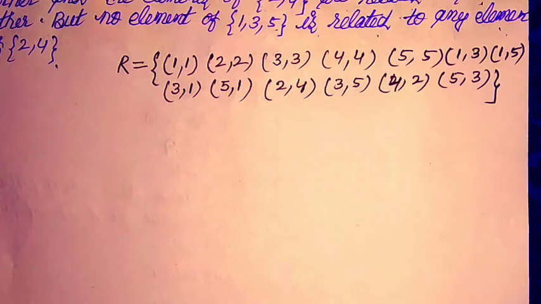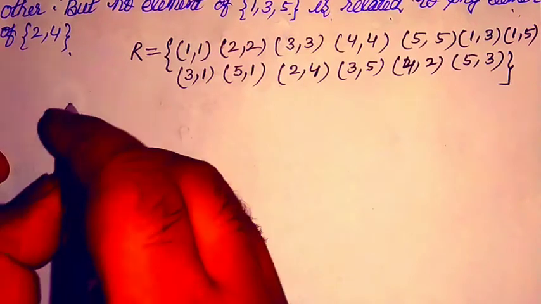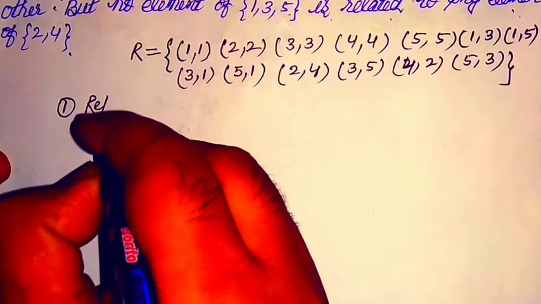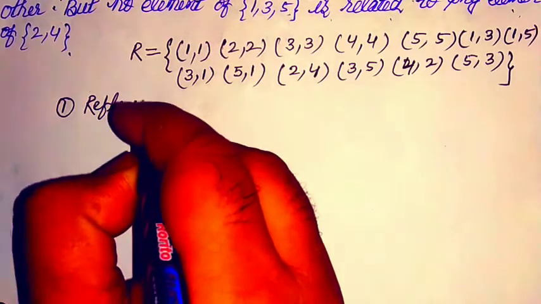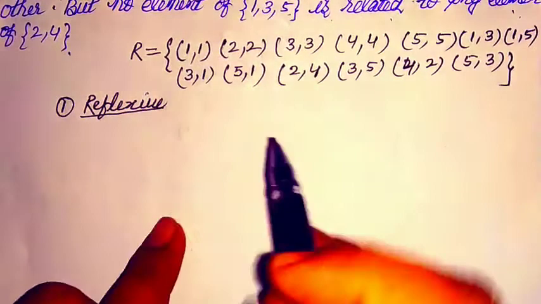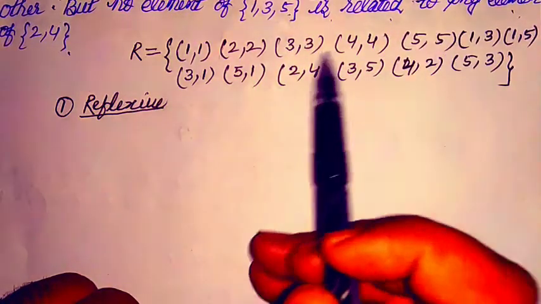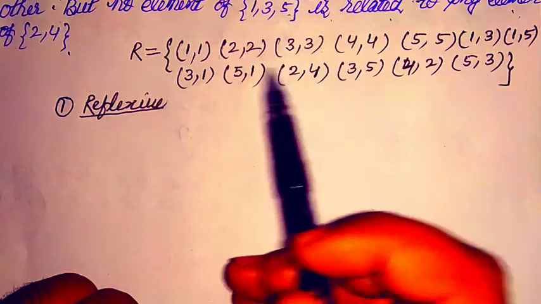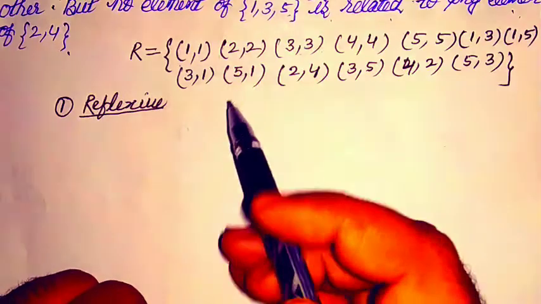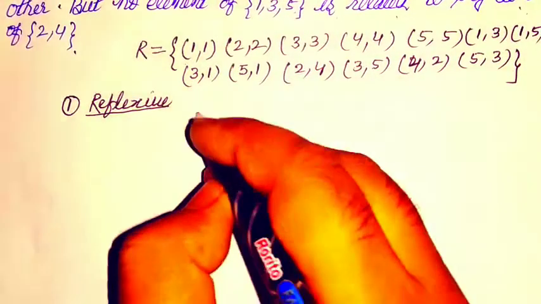Now check whether it is an equivalence or not. First we will see reflexive. Here (1, 1), (2, 2), (3, 3), (4, 4), (5, 5) belong to the relation, so we can say it is reflexive. Let's write it in a mathematical way.